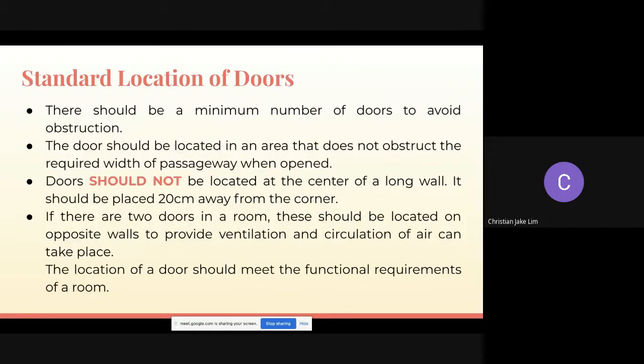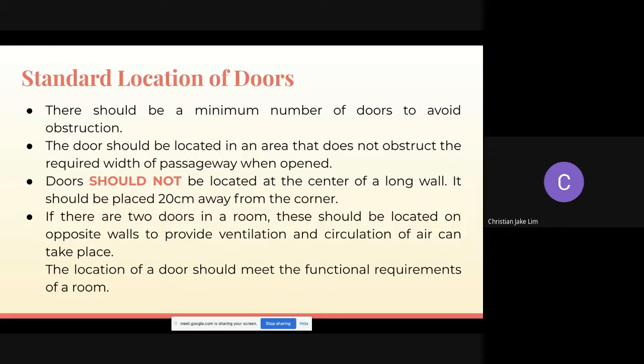Next one. There are standards for putting doors. These are some of the standard rotation of doors, which should be followed at all times. There should be a minimum number of doors to avoid obstruction. The door should be located in an area that does not obstruct the required width of passageway when open, and doors should not be located at the center of a long wall.